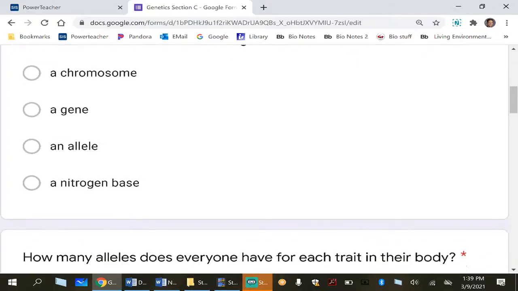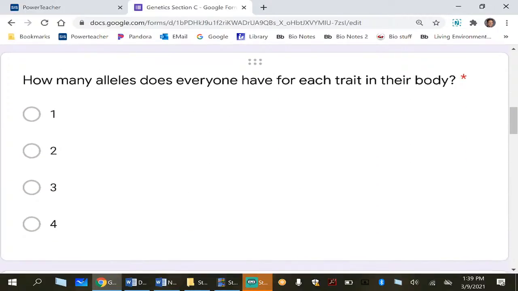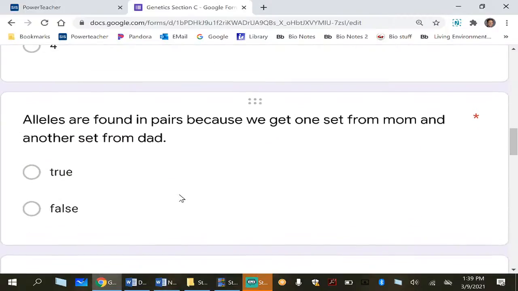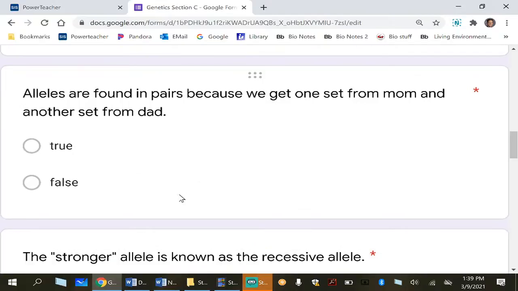Alleles, good. All right? This is the main thing we talked about yesterday. Next, please. Kayla? How many alleles does everyone have for each trait in their body? 2. Correct. All right? And this one kind of answers where the 2 come from.